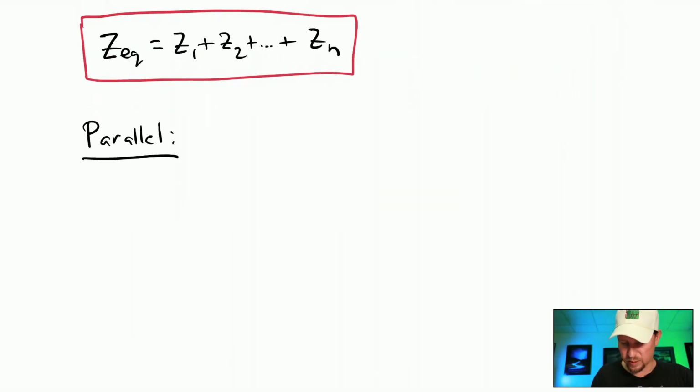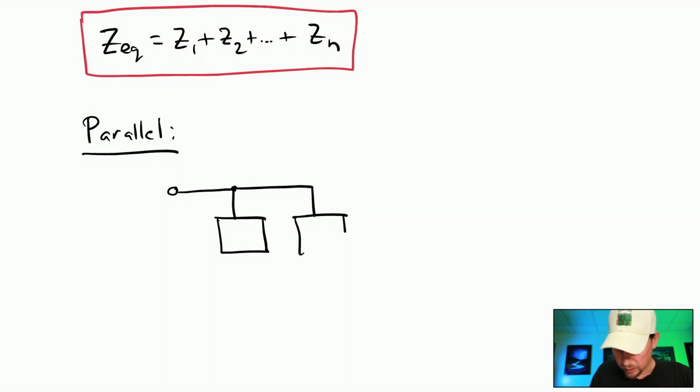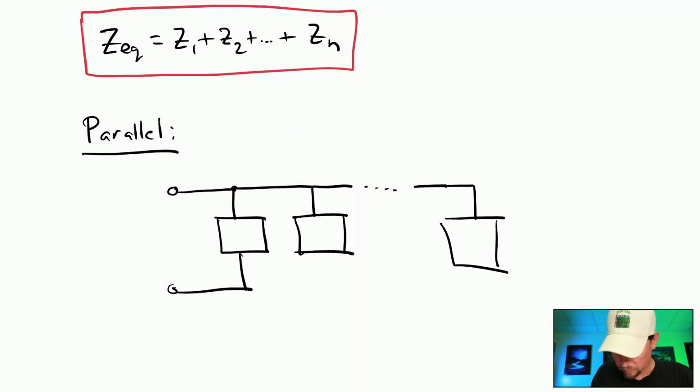So here the picture that we have is, suppose that we have a network of impedances such that they are all connected like this. Let's make the drawing a little bit prettier, like this.